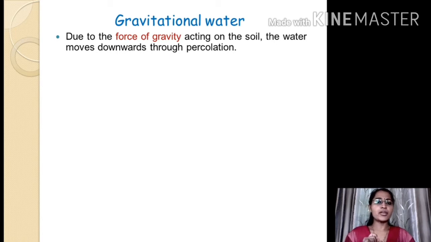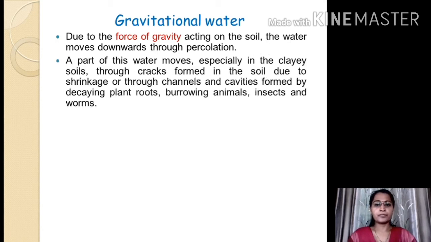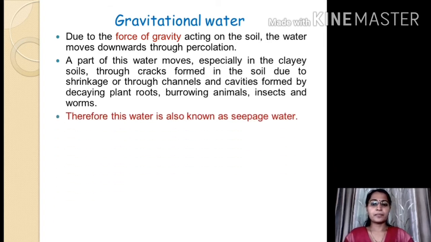Due to the force of gravity acting on the soil, the water moves downward through percolation. And this water moves especially in clay soils through cracks formed in the soil. These cracks are formed due to shrinkage or through the channels and cavities formed by decaying plant roots, burrowing animals, insects and worms.